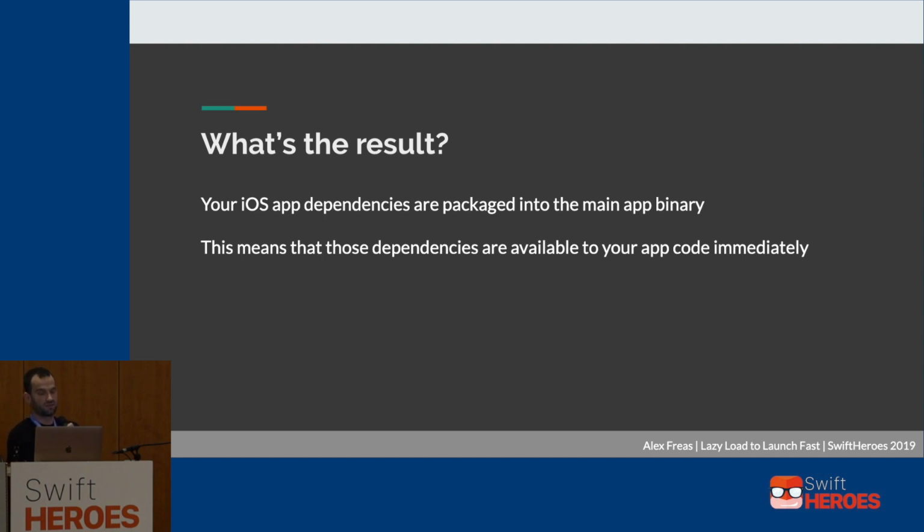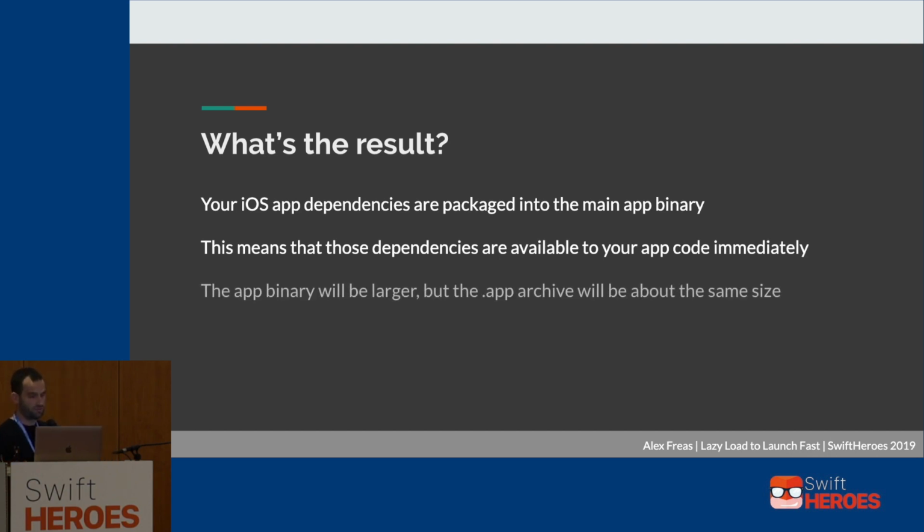The system handles it without having to do any kind of complicated arithmetic. But these symbols are available to your app code immediately. Now, the app binary will be larger, but that's because the dependencies are packaged with the app itself. The .app archive will be about the same size.